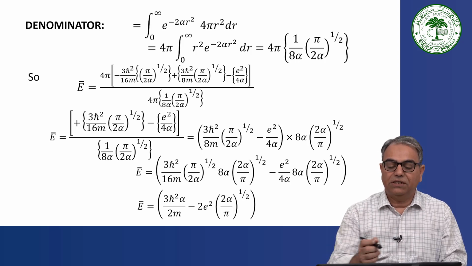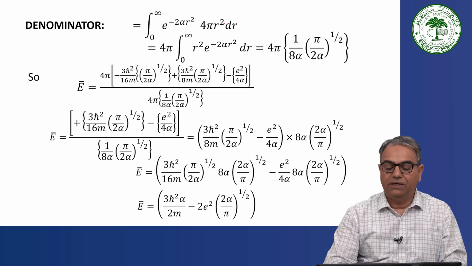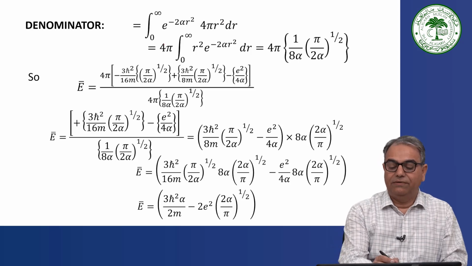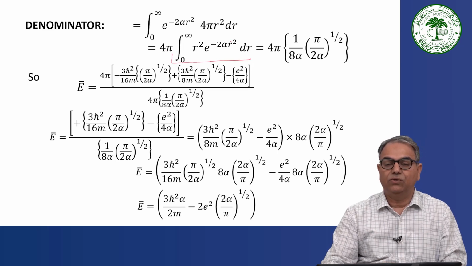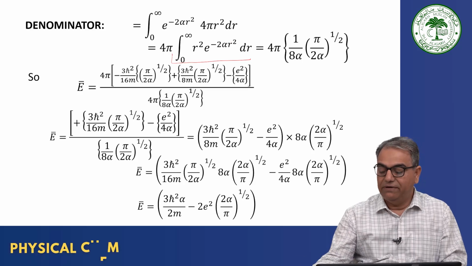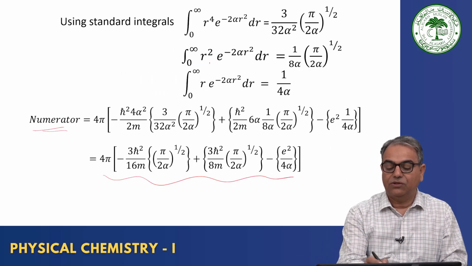So the denominator will be the integral of exponential minus 2 alpha r square, 4 pi r square dr, so 4 pi will be outside. The value will be the integral of r square exponential minus 2 alpha r square dr, and this integral value is already there on this side. Okay.